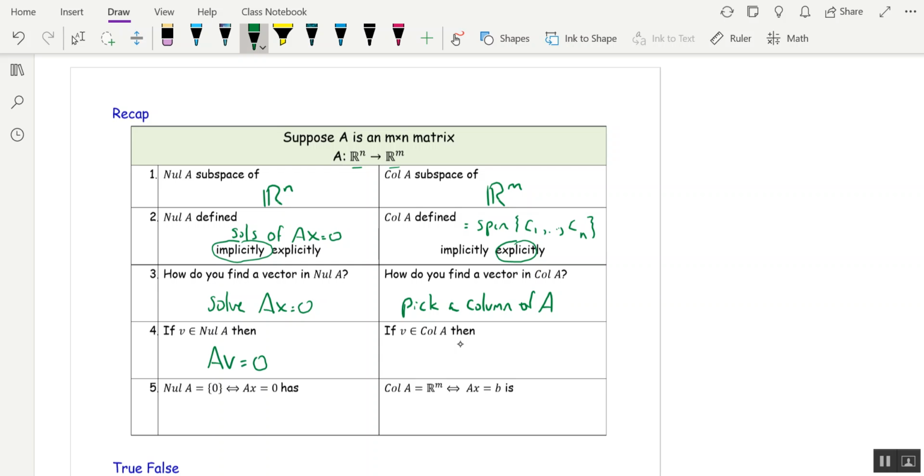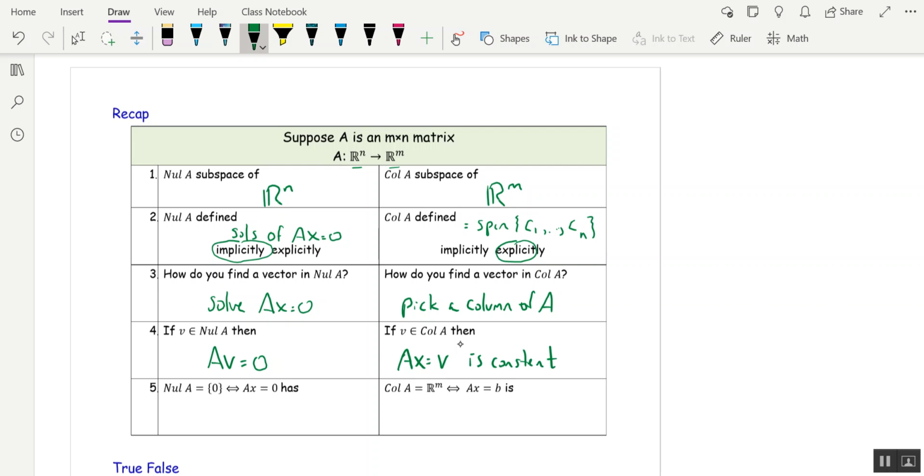If v is in col A, then the only thing you can say is that Ax equals v is consistent. It's got a solution.